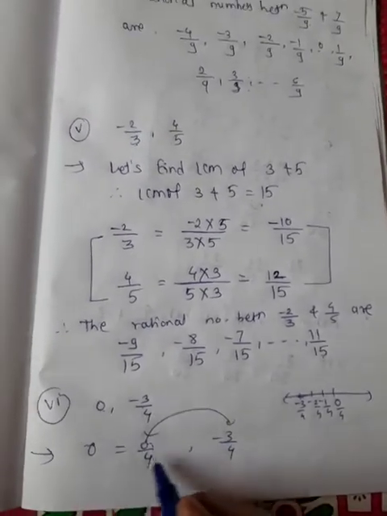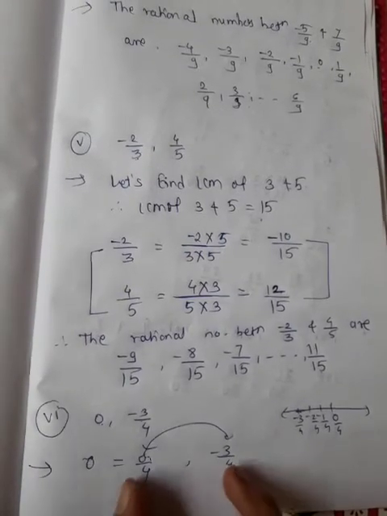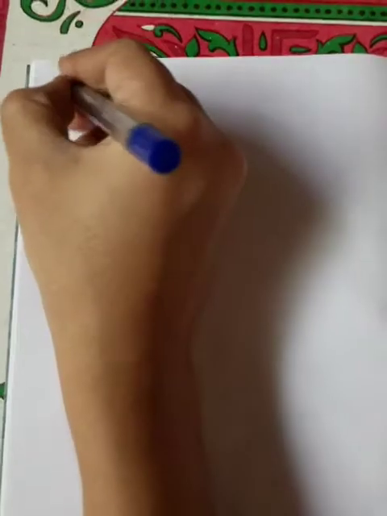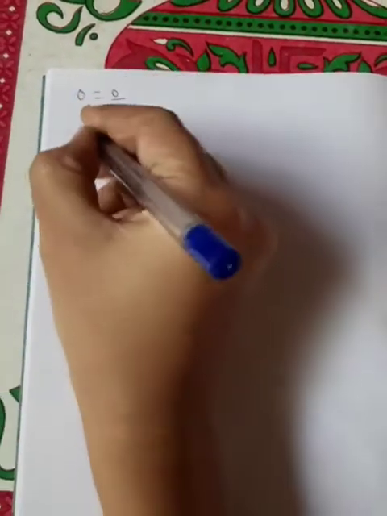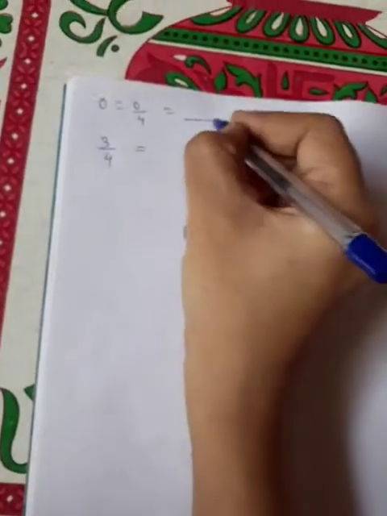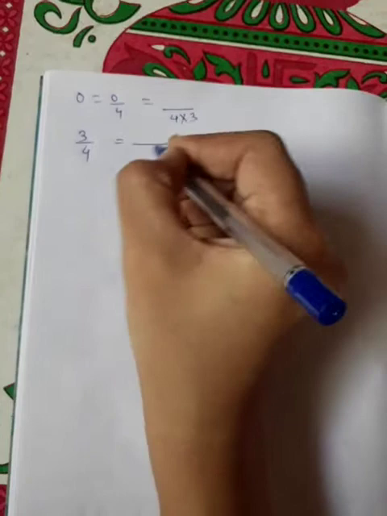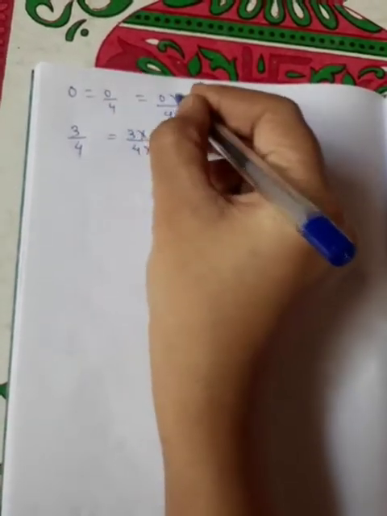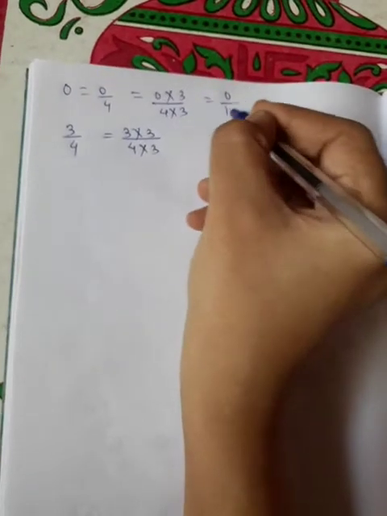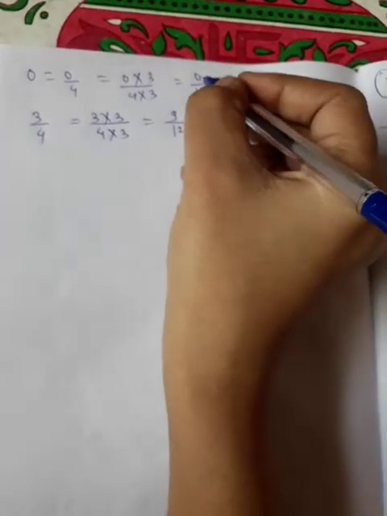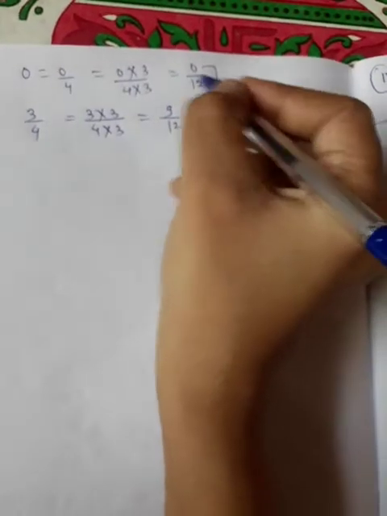So for that we have to increase the denominator. First write 0, that is 0 by 4, and second 3 by 4. Now suppose we increase the denominator by 3 times: 3 into 3 and 0 into 3, so we get 0 by 12 and 9 by 12.